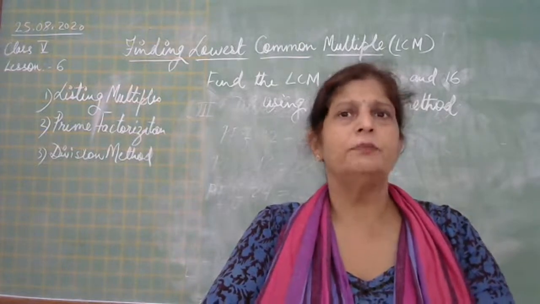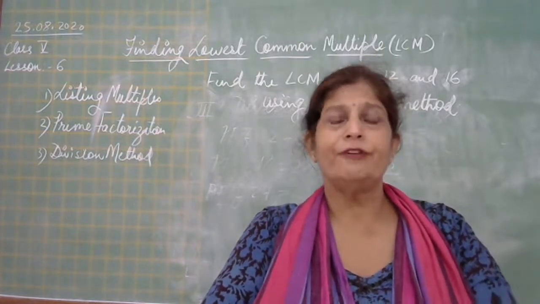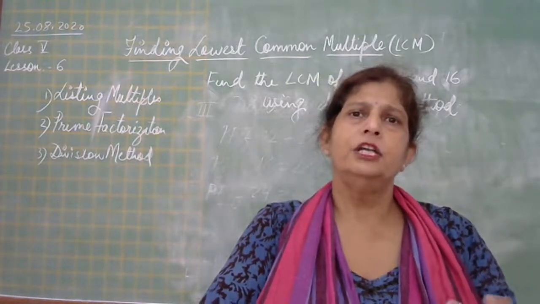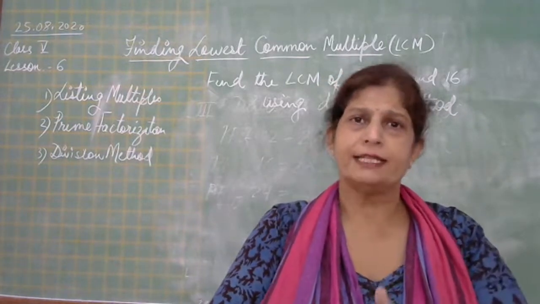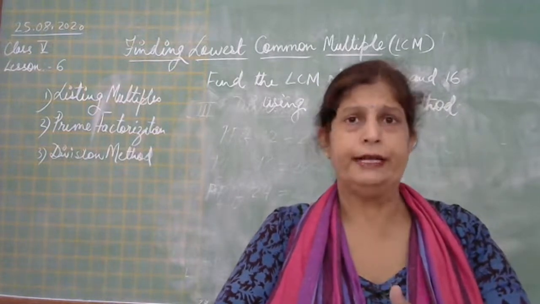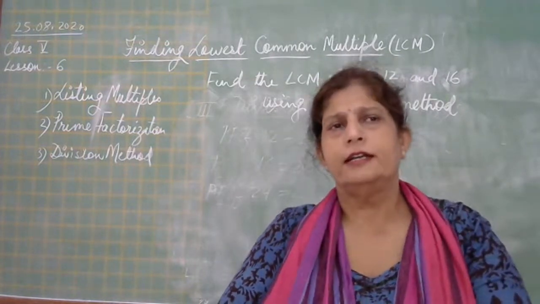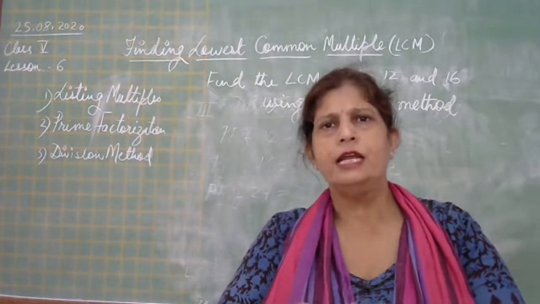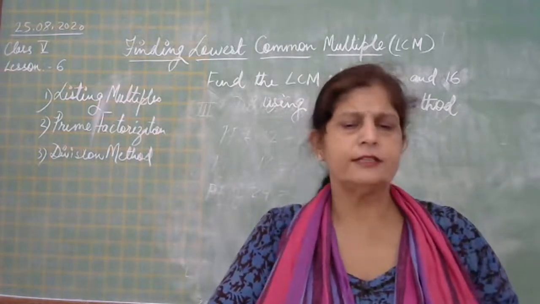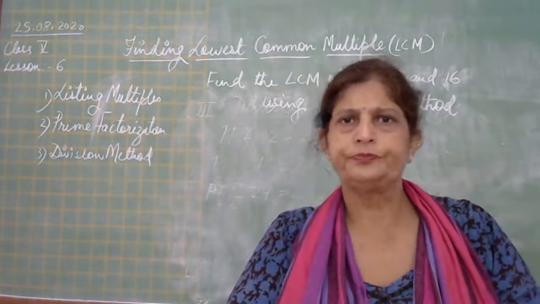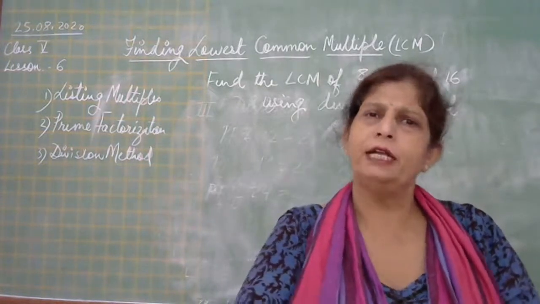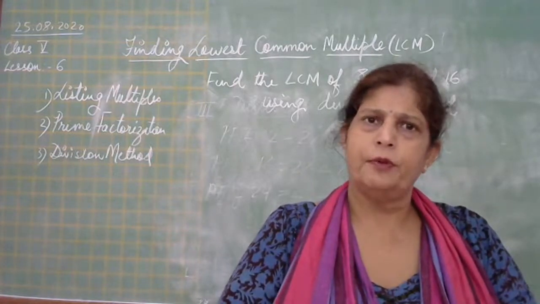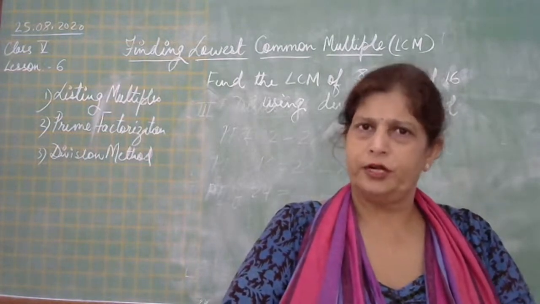It may take more time. But when you use other methods like prime factorization method and division method, you could do it fast. You can get the answer quickly. So I suggest that if you understand the other methods, do it by the other method. Right? And if you are not able to understand, then there is no problem. You can do it by listing multiples for LCM, by listing factors for HCF. There is no problem, but that is going to take a little more time, right?